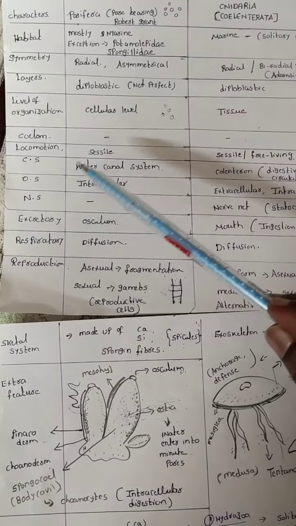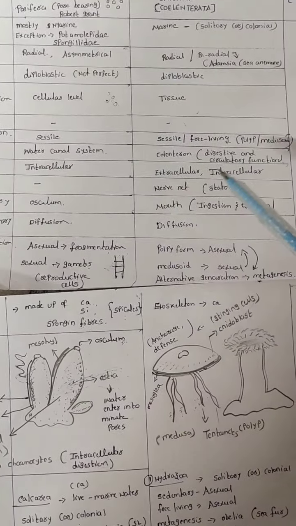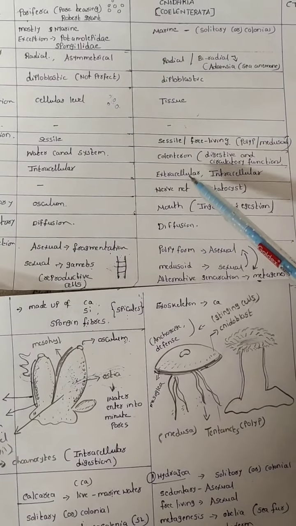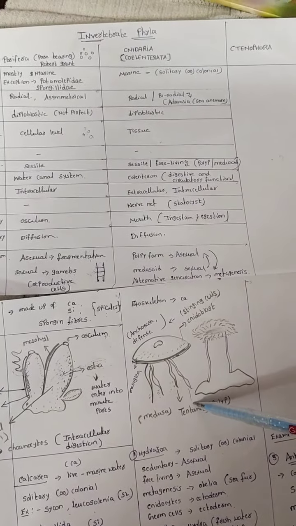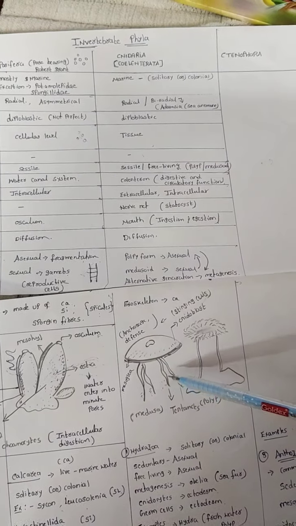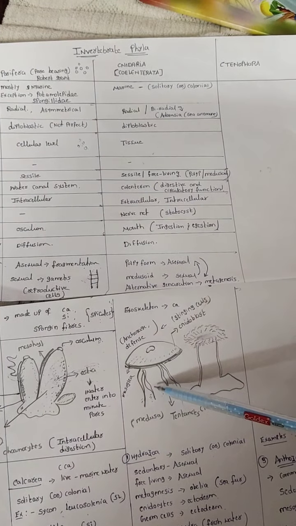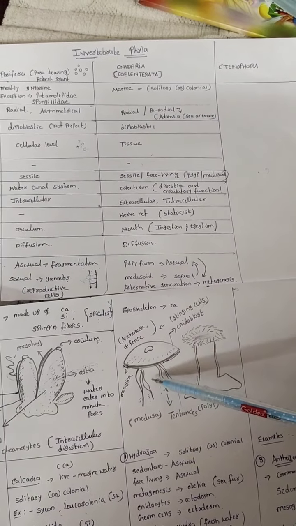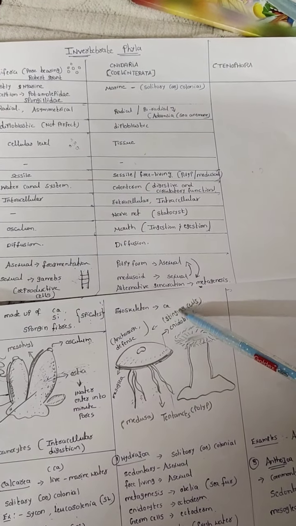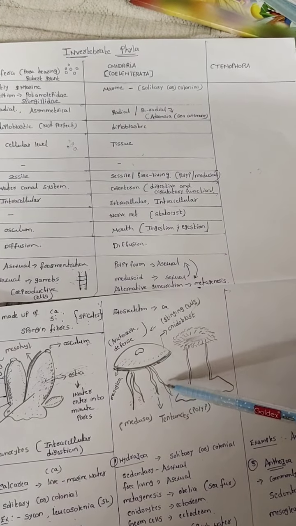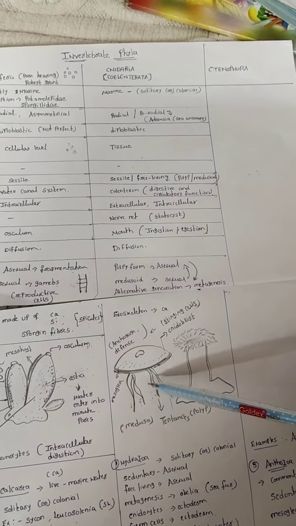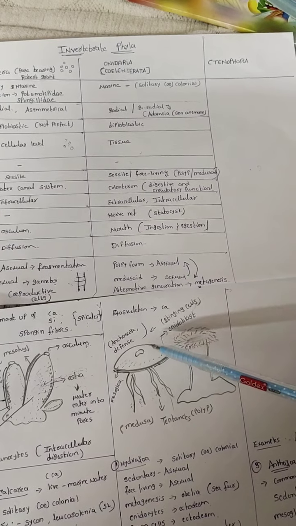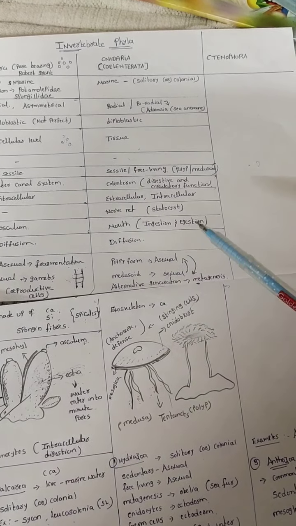And another one, the digestive system. Here the digestive system is both extracellular and intracellular. It means if any organism is coming like this, by the presence of these tentacles and stinging cells, some amount is digested here, that is the extracellular, and it enters into the body cavity, where digestion takes place, that is the intracellular.